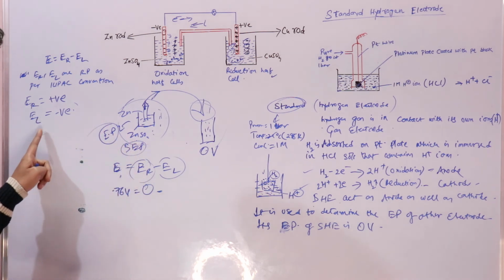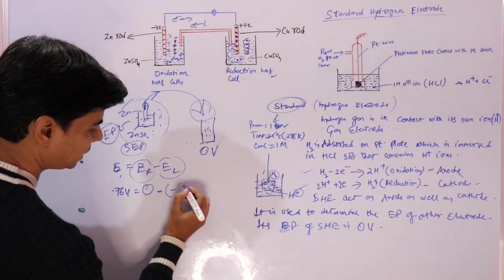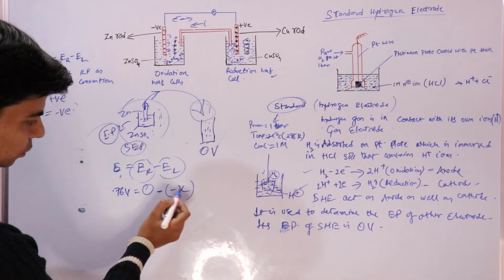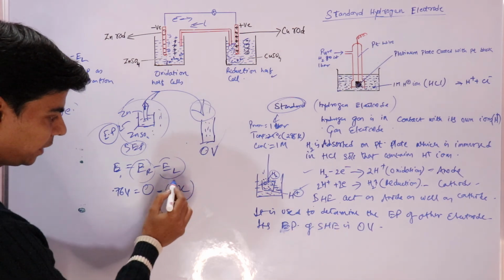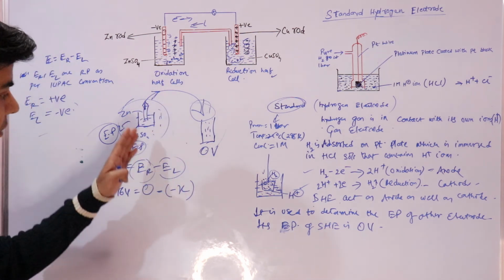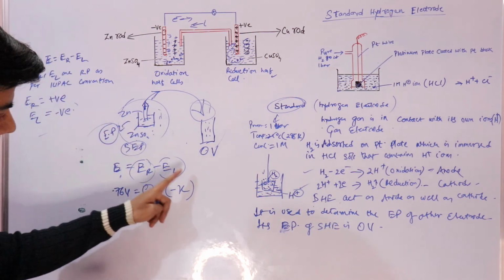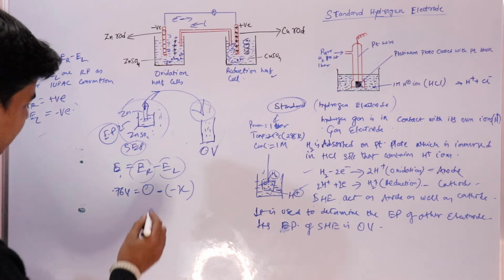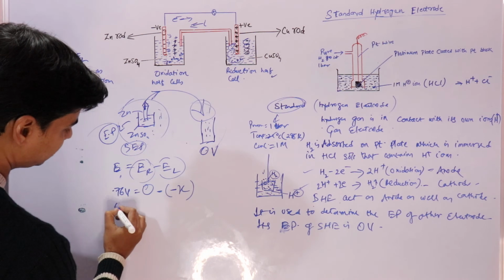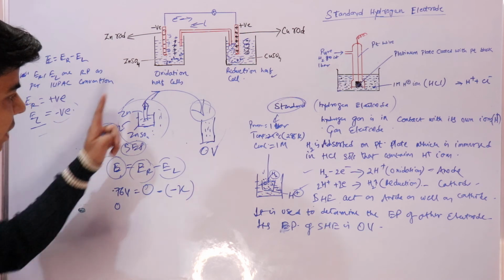And we know that the reduction potential of anode is a negative value, right? Say it's minus x, for which we need to find the value of this EL, the electrode potential of this zinc, right? And since we are taking the reduction potentials as per IUPAC convention, the value of EL would be negative, right?